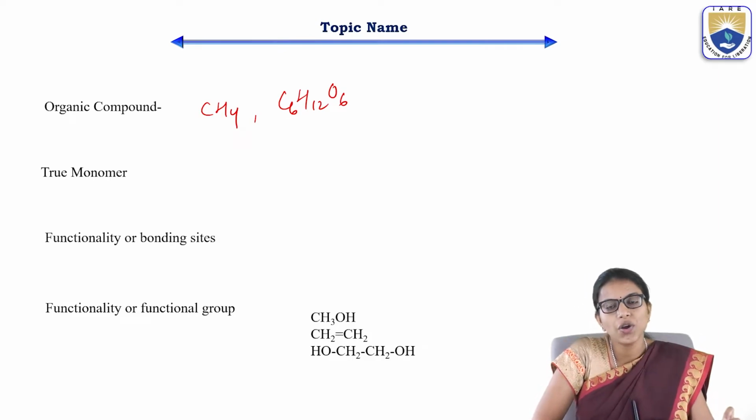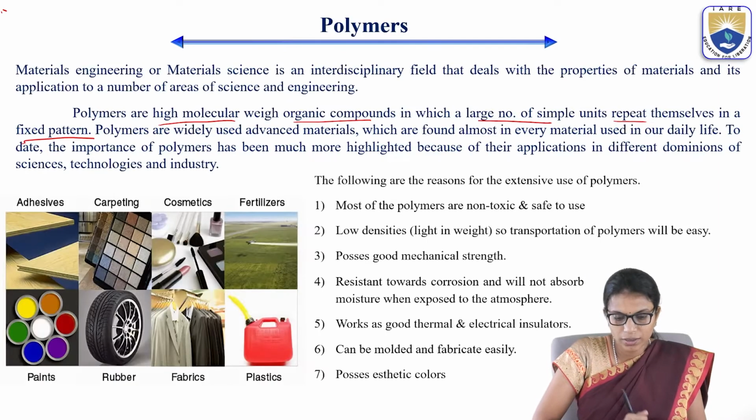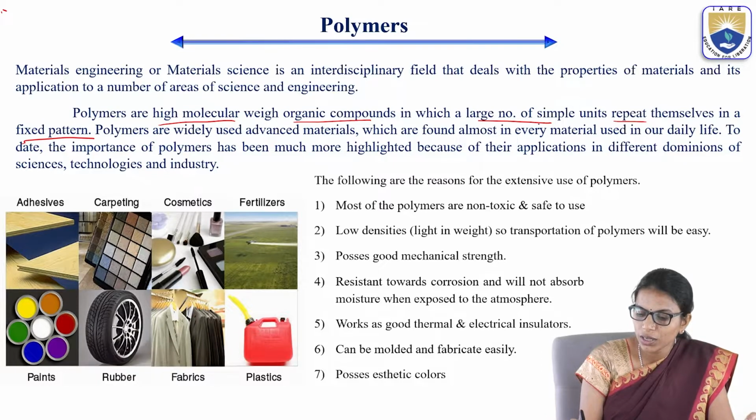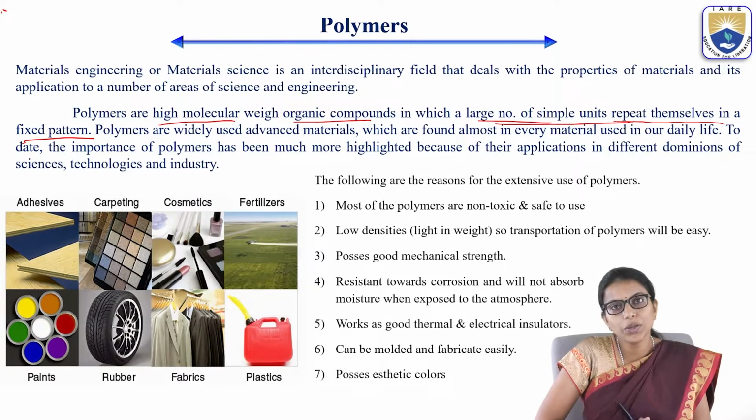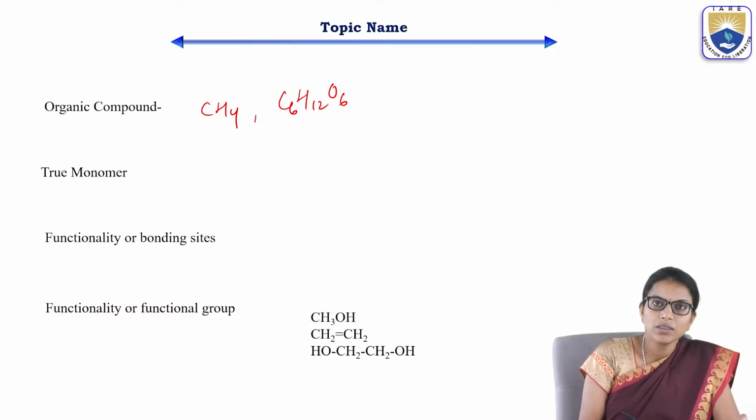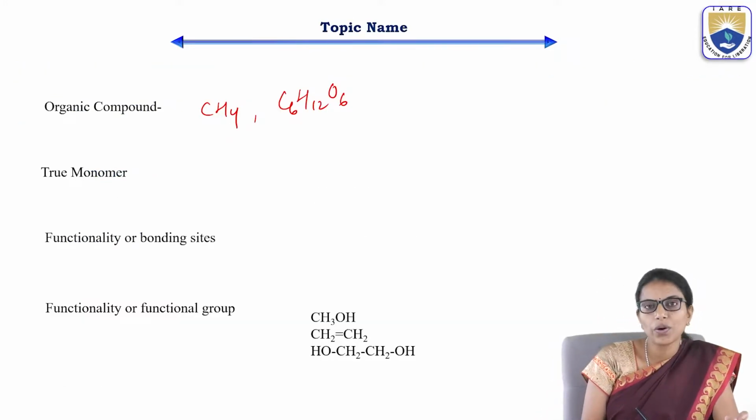In the definition we said that a large number of simple units repeat themselves in a fixed pattern. That simple unit is known as the monomer, and it is very important that the monomer should be a true monomer.